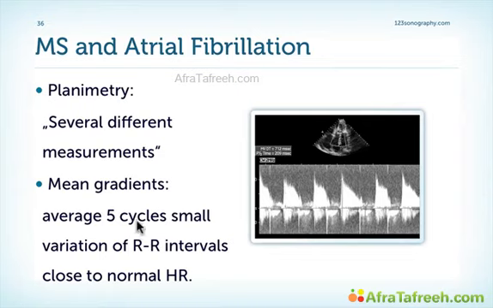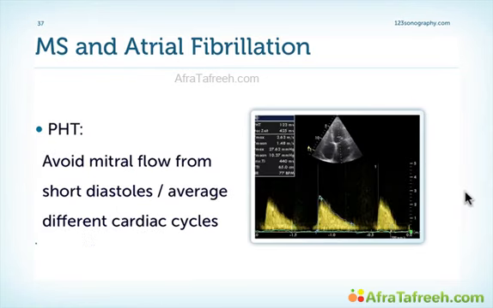You should average 5 cycles, and you should try to find cycles where you have fairly equal RR intervals, which are close to the normal heart rate. The same is also true for the pressure half time, where you should also average several cycles, and where you should also use cycles where you don't have a diastole which is very short.